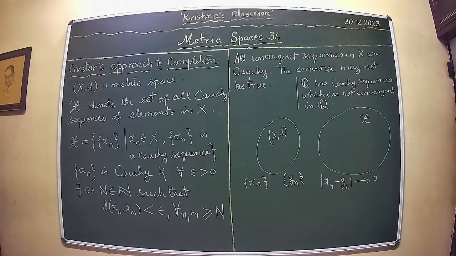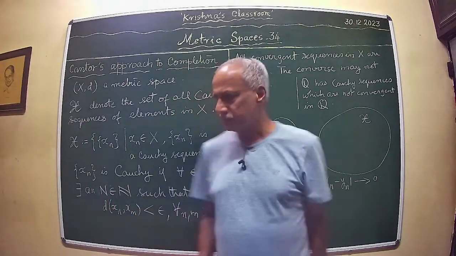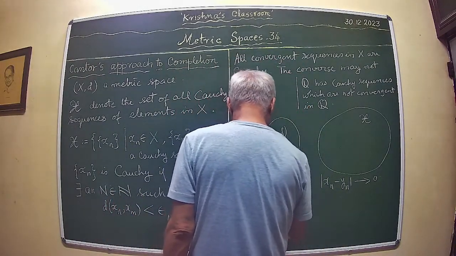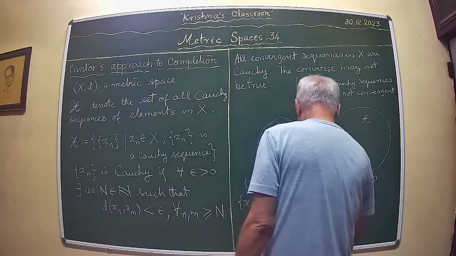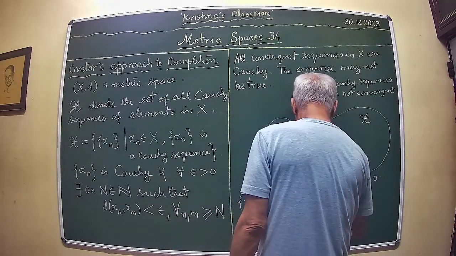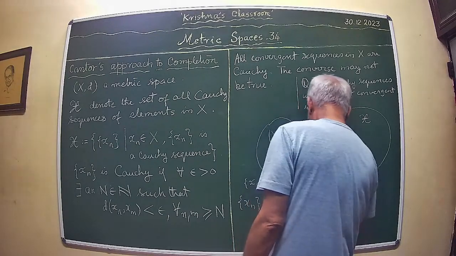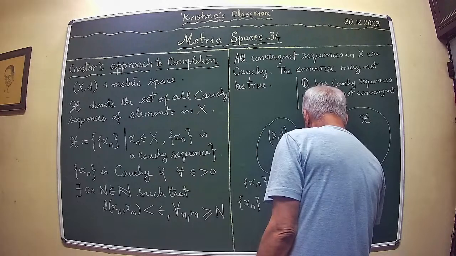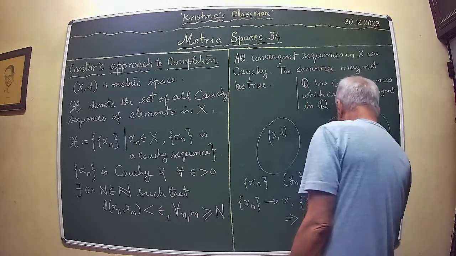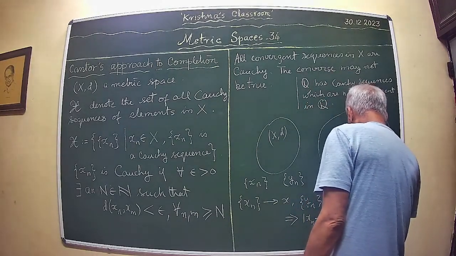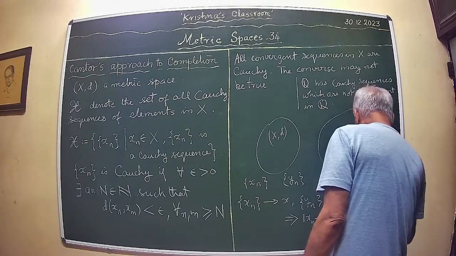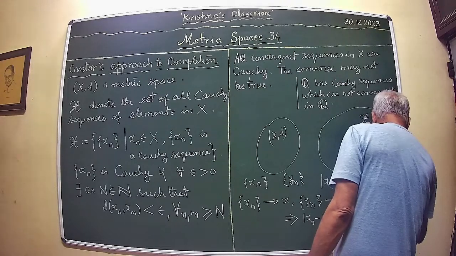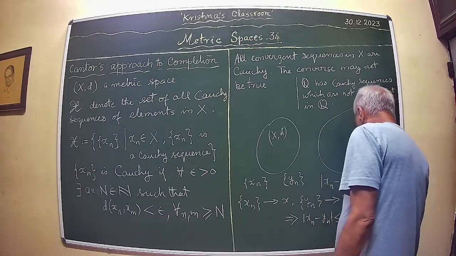This follows from the fact that xn converges to x, yn converges to x, which implies mod xn minus yn is less than or equal to mod xn minus x plus mod x minus yn, which goes to 0.